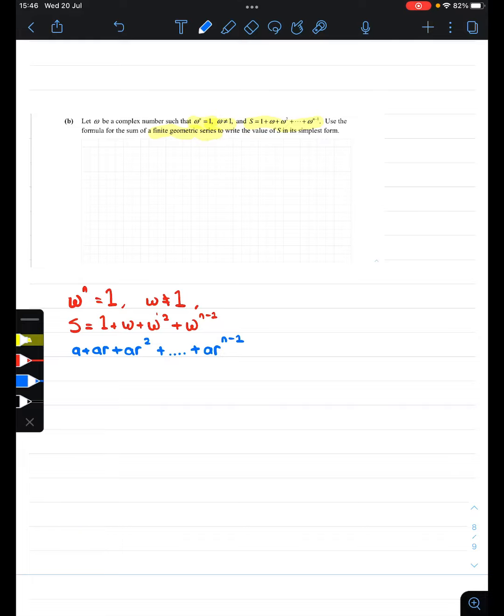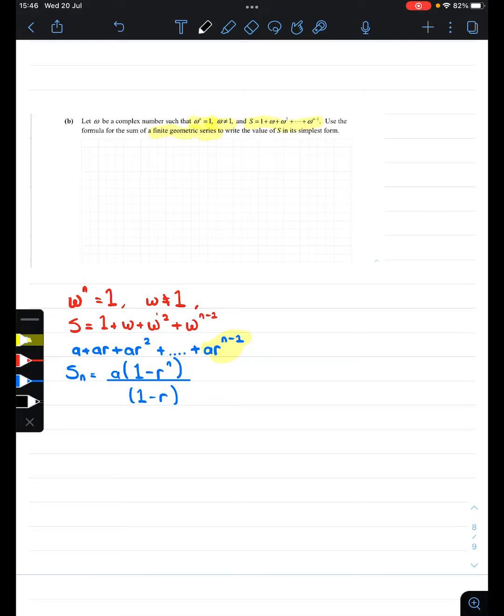Now remember, it's still ar to the n minus 1 because this means that there's n terms. So Sn will be the sum of n terms. It might be a little bit confusing. And so the formula for this is Sn equals a times 1 minus r to the n, all over 1 minus r.